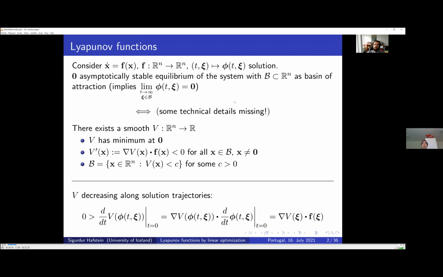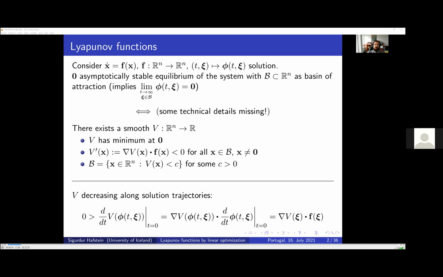So if the system starts at point c at time 0, then phi of t comma c is going to converge to 0 as time moves to infinity. Here phi t of c is the solution starting at c at time 0, and its position at time t is then given by phi of t comma c.